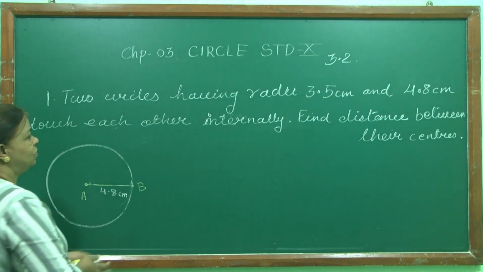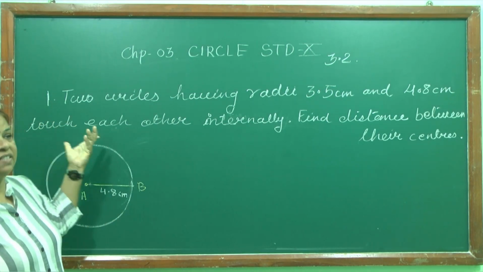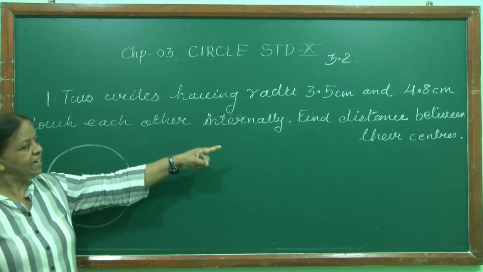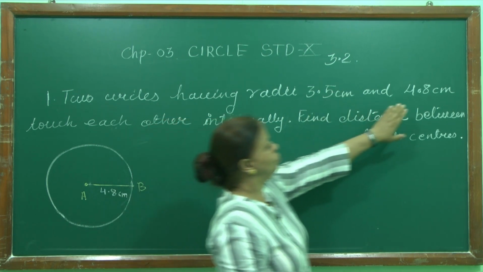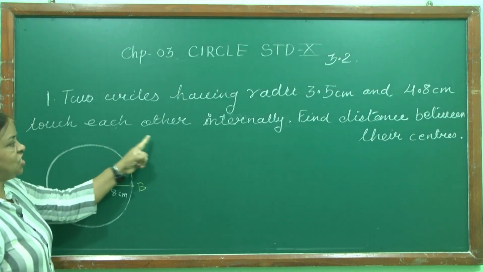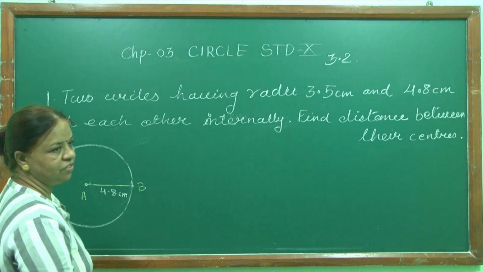Now 3.2 exercise, first sum. What does the sum say? There are two circles which have the radius 3.5 centimeter and 4.8 centimeter. They touch each other internally, inside. Find the distance between their centers.